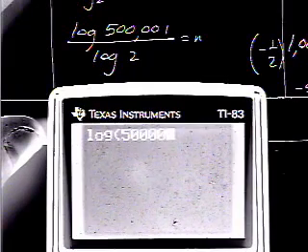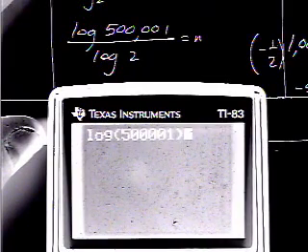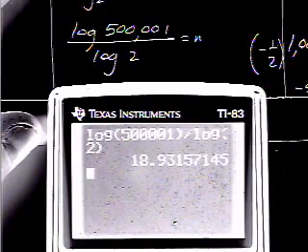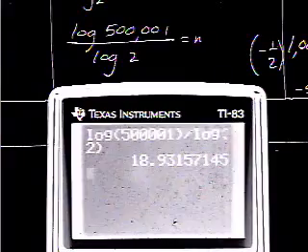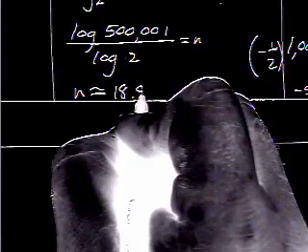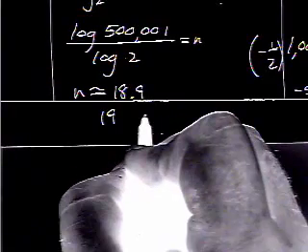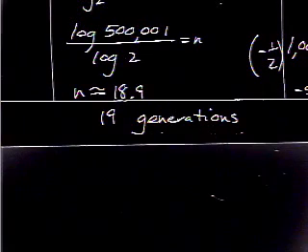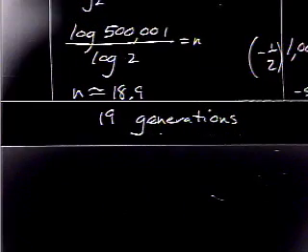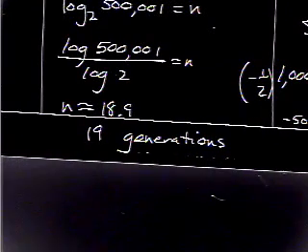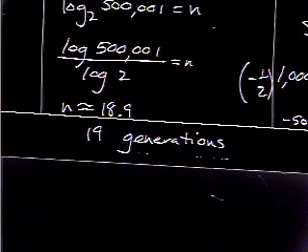Log 500,001 divided by log 2, and we're talking 18.93. So in 19 generations, which actually seems surprisingly low, but 19 generations you will have 1 million natural ancestors. Assuming that the fork in the tree doesn't come back together, you know, that kind of thing.